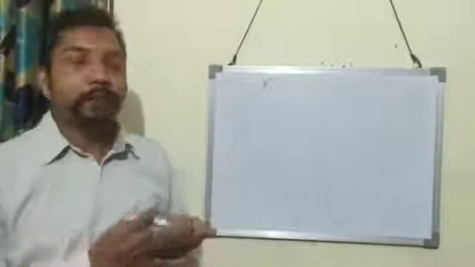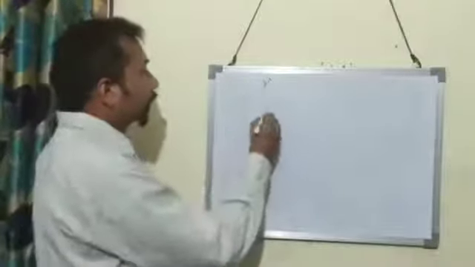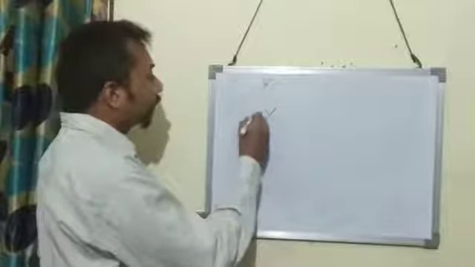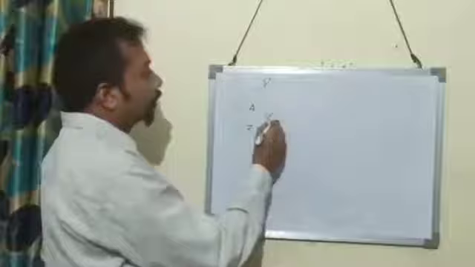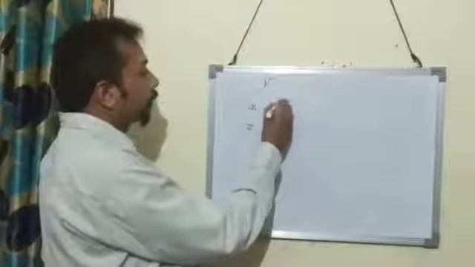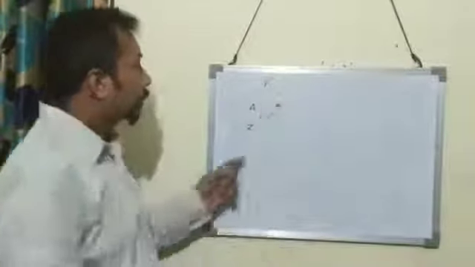Then how do we represent it? Suppose X is an element whose atomic number is Z and mass number is A. In order to represent that this element is in the excited state, a star symbol is put.